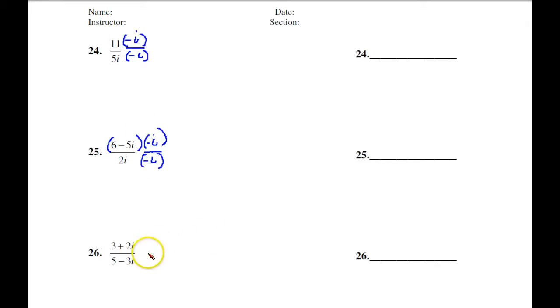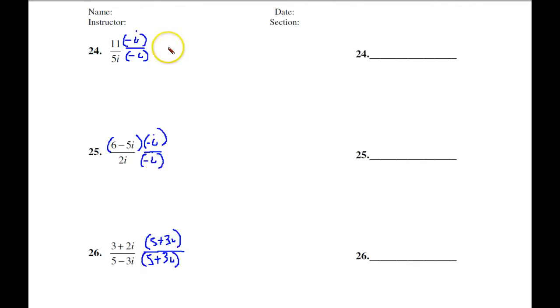And this one, we would use the imaginary conjugate. That would be 5 plus 3i. Opposite signs. Now these are all my 1s.